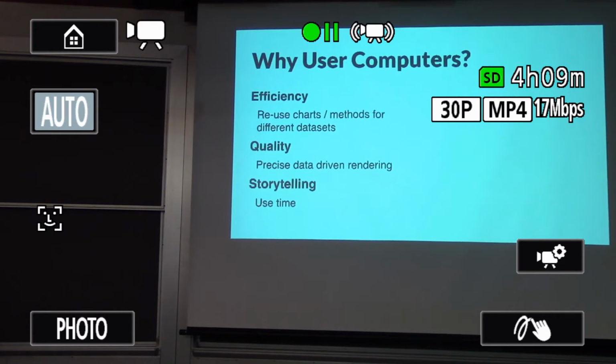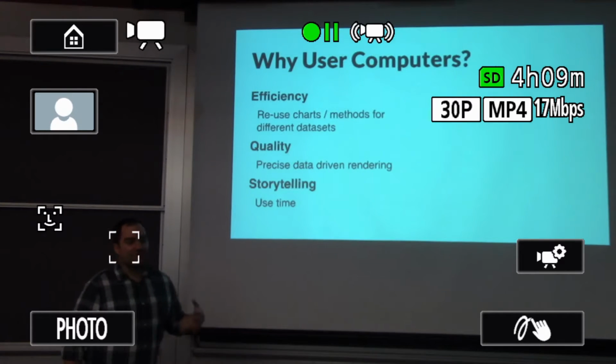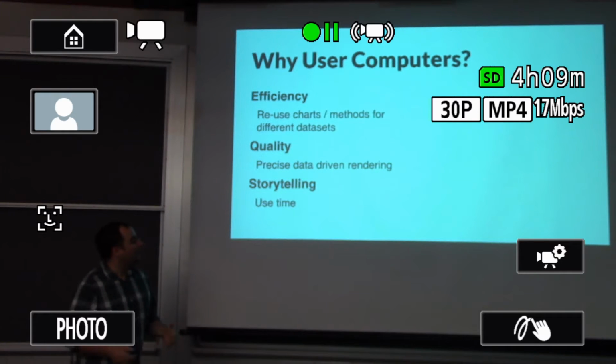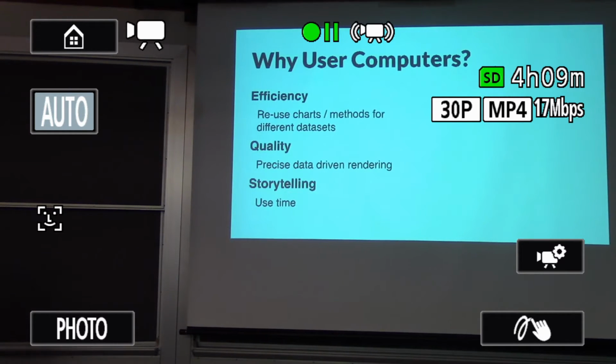Why else would you use computers? Of course, efficiency. Once I have implemented a raycasting algorithm that draws me these nice pictures of MRI data, I don't have to do it again, whereas I would have to do the sketch again. So we can reuse charts, we can reuse methods for different data sets. Of course, sometimes it's good to customize them, but we can reuse much of the basics.